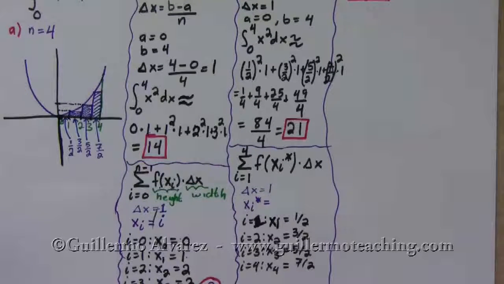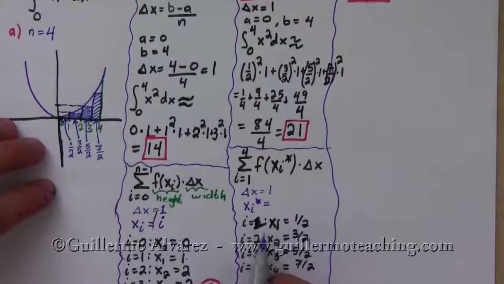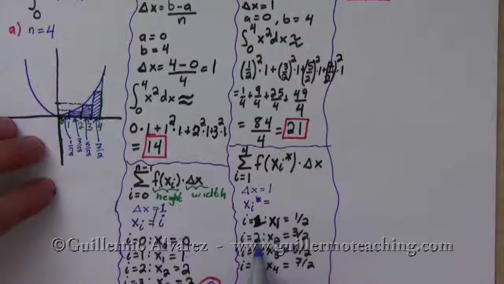Okay, now this one is a little bit trickier to find the formula in terms of i. But notice that each one is 1/2 less than i.